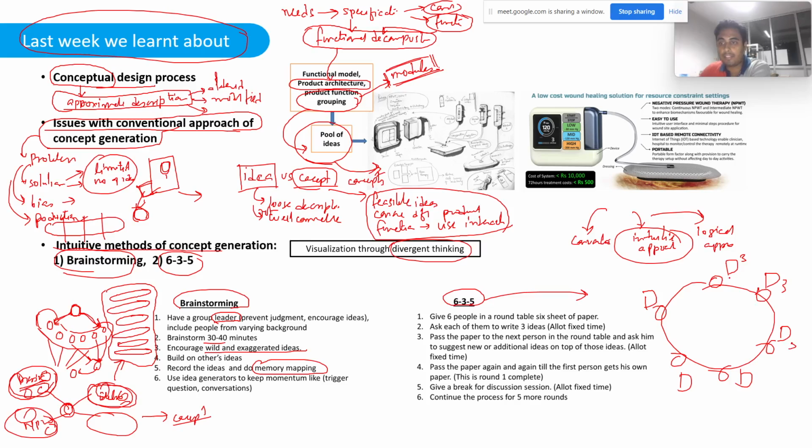Once they finish their concepts, the paper is passed to the next member, either in a clockwise or anti-clockwise manner, and the other member then tries to generate new concepts on top of the original three concepts. So this way, if initially there are three concepts, this person adds three more, and again the next person adds another three.